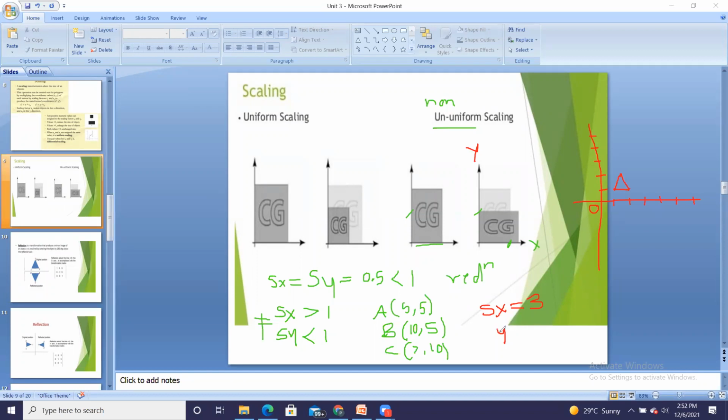As I want to reduce the height to its half, that means scaling factor along y axis is 0.5. Expand to 3 times and compress to half. So width will be expanded by 3 times, but height will be reduced to half.